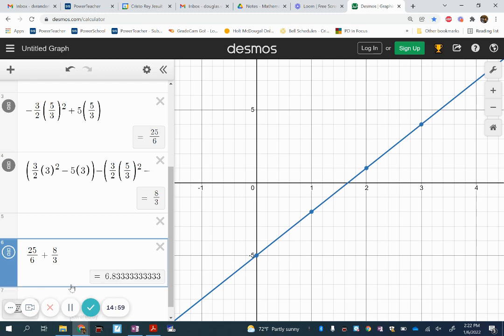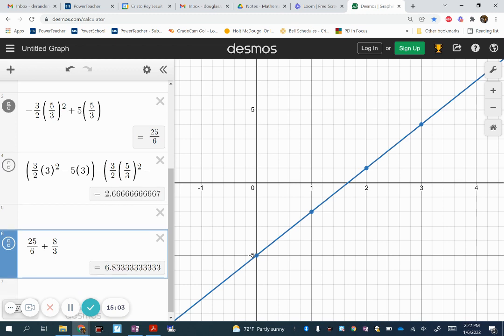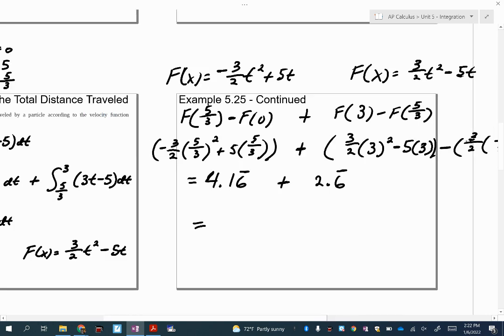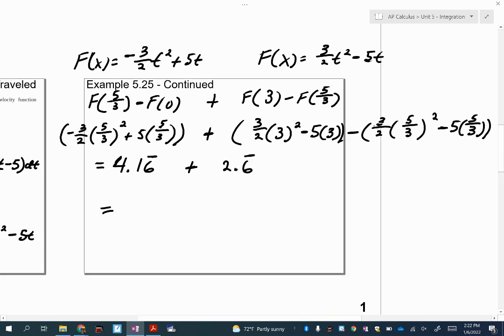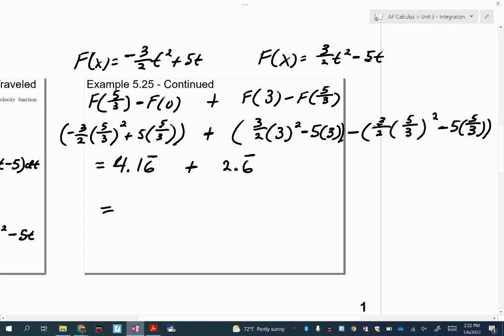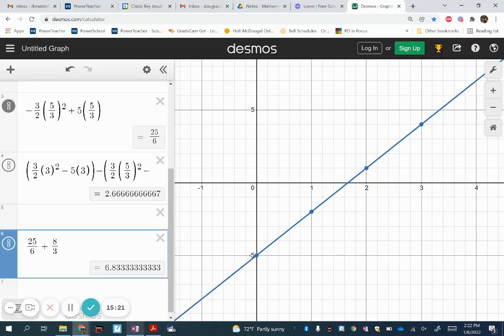So 6.83 repeating is going to be my answer. I'll write this one down again. So that was 2.6 repeating. So my total distance traveled by the particle, because I don't care that some of it is negative and some of it is positive, is going to be 6.83 repeating, or if you wanted the fraction, 41/6.